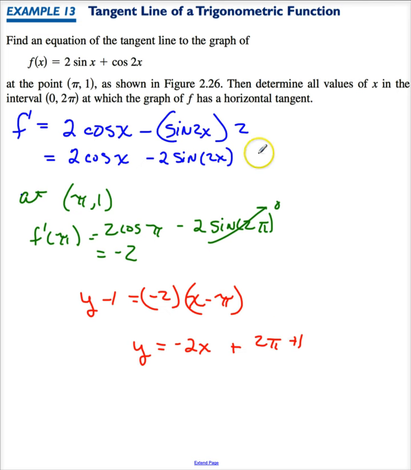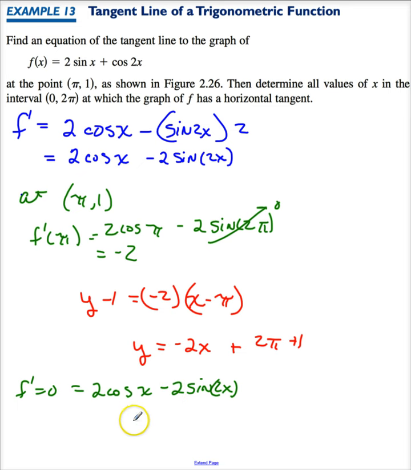Now I want to determine all the values where the graph has a horizontal tangent. Now it has a horizontal tangent whenever f prime is 0. F prime is 0 when 2 cosine x minus 2 sine of 2x is 0.